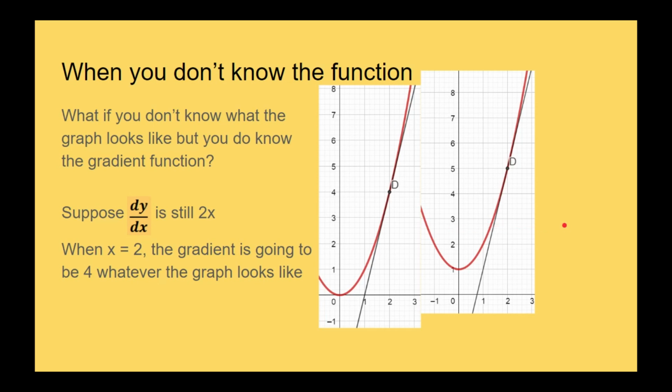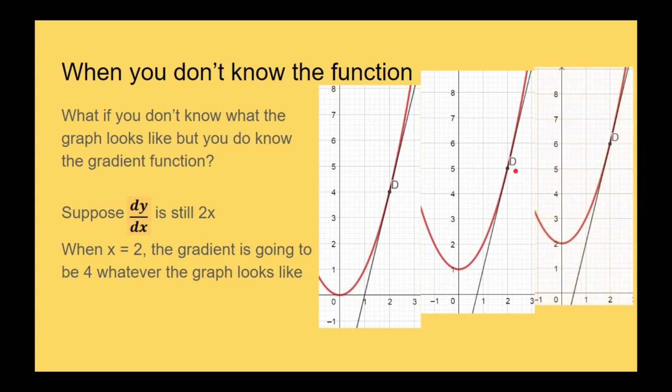So here we've got a couple of possibilities. The point on the graph might be here, 2, 4. Point on the graph might be here, 2, 5. Might be 2, 6. Could be anything, couldn't it? Depending on the function. But we do know what the gradient function looks like.